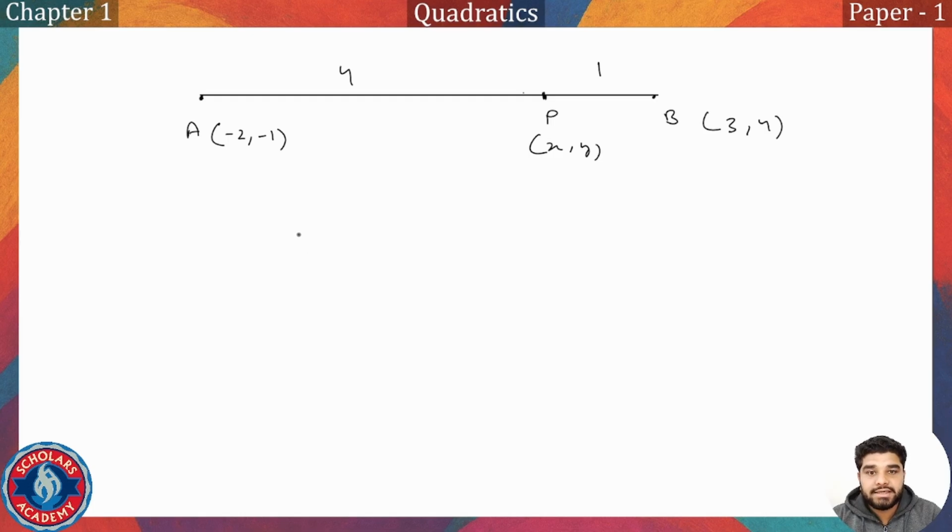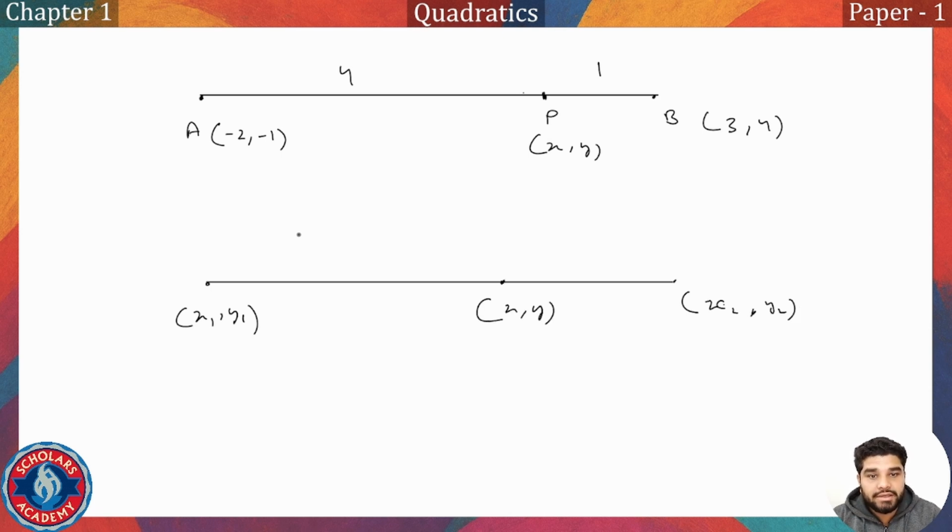The section formula tells us that, if I write it generally, one point is (x1, y1), another point is (x2, y2), and the point that we are finding is (x, y), and the ratio is m:n.